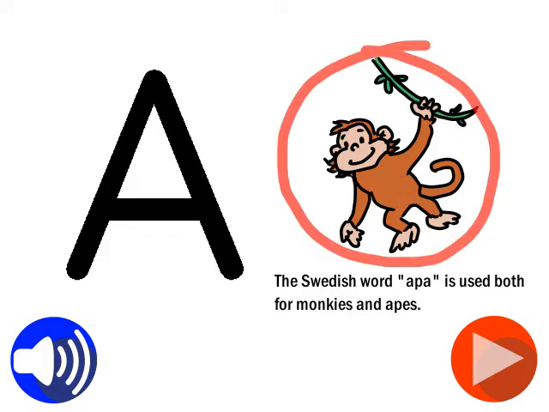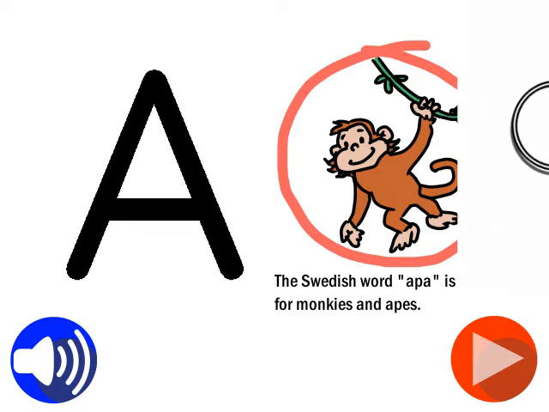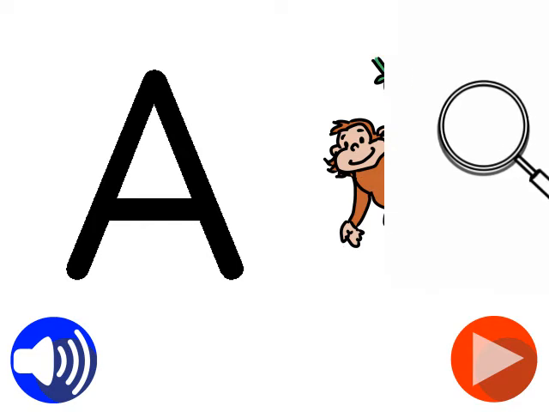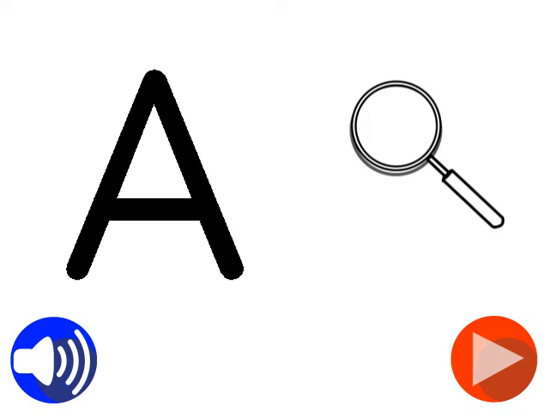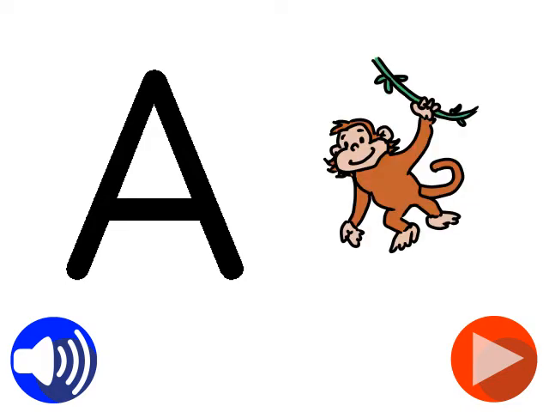There will be an illustration of that word. The illustration will at first be hidden, and there will be a button with a magnifying glass on it, signifying a clue. The illustration will be shown if the magnifying glass is pressed or if the sound button is pressed.